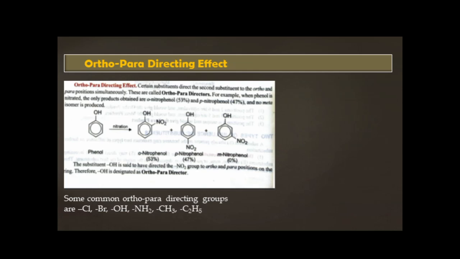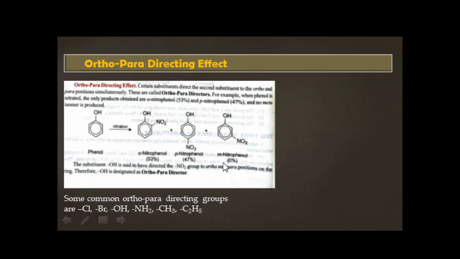Let me point out an example. Let us take phenol. This is a monosubstituted form of benzene, with an OH group on the benzene. When this phenol is further nitrated, we may expect 3 different products, but actually we got only ortho and para nitrophenol, in 53% and 47%.